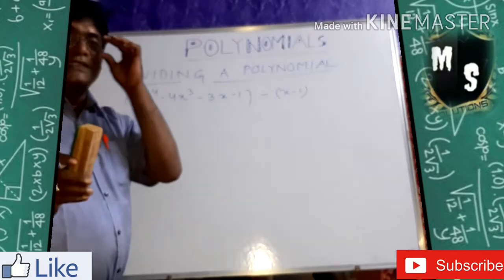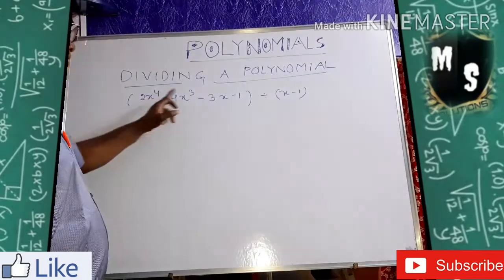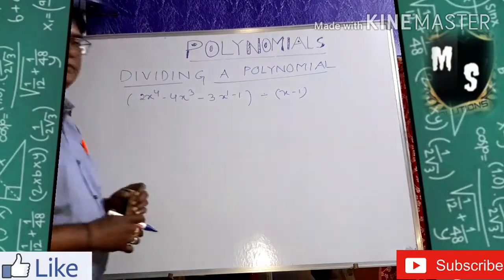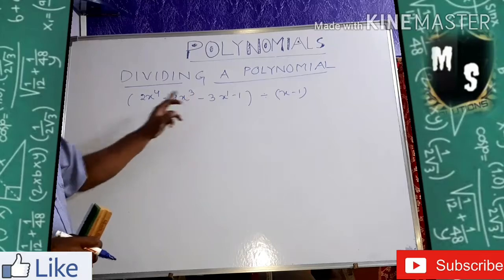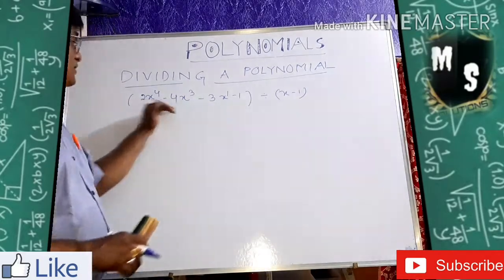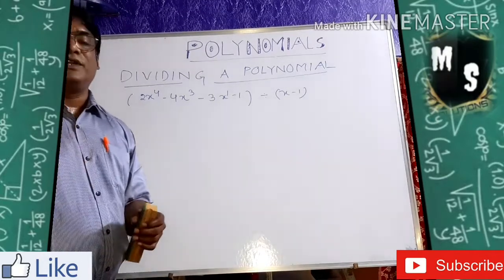It must be in descending order. Here it is 4, here it is 3. There is no 2. Degree 2 is absent here. So if you write the degree 2 by introducing it here, it will not create a problem in the further division.